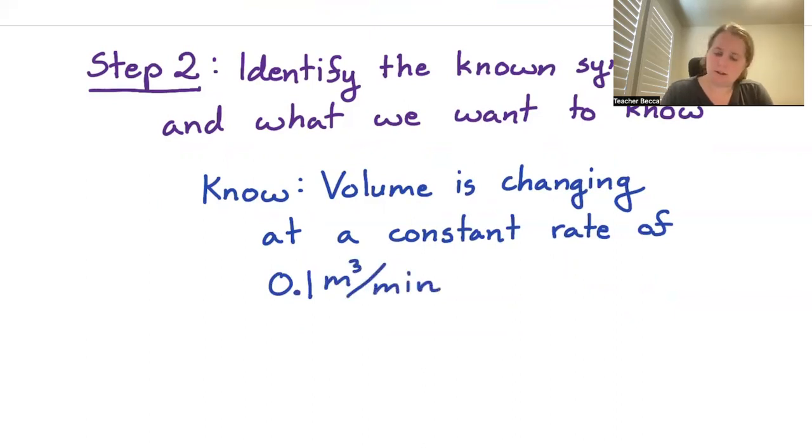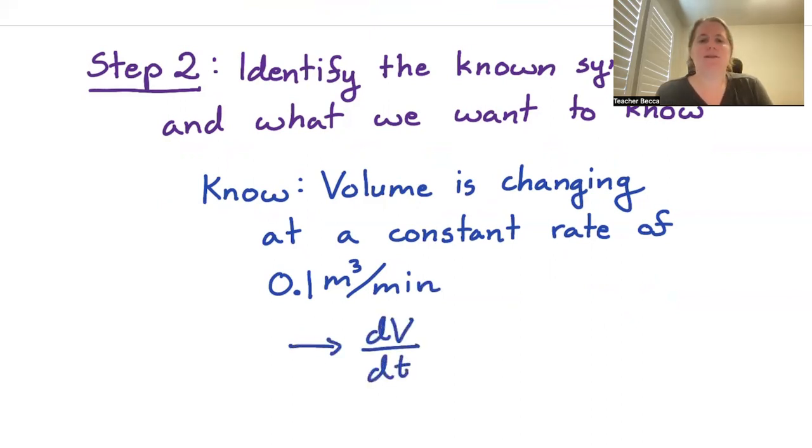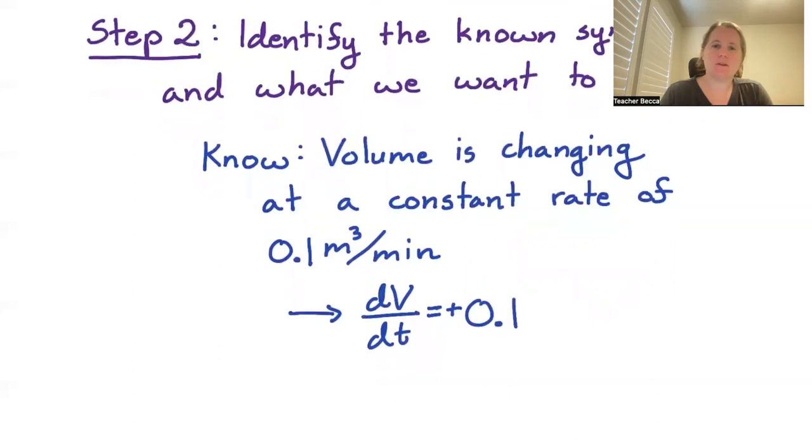So the rate of change of volume would be how volume is changing per unit of time. So dV/dt is equal to 0.1. Right? And it's filling, so it'll be a positive 0.1 since the tank is filling.